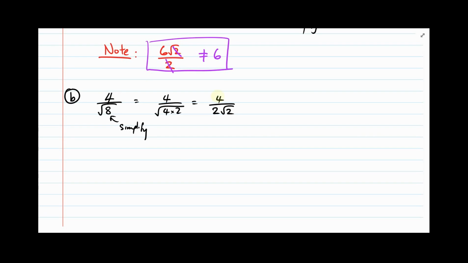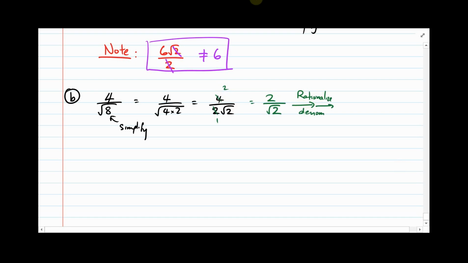You can even go ahead again, 2 can divide this, so I have simplified the given term as much as possible, but I need to now rationalize that denominator.